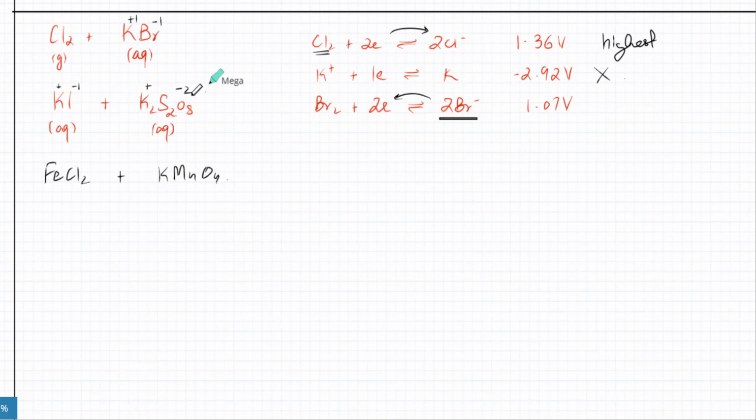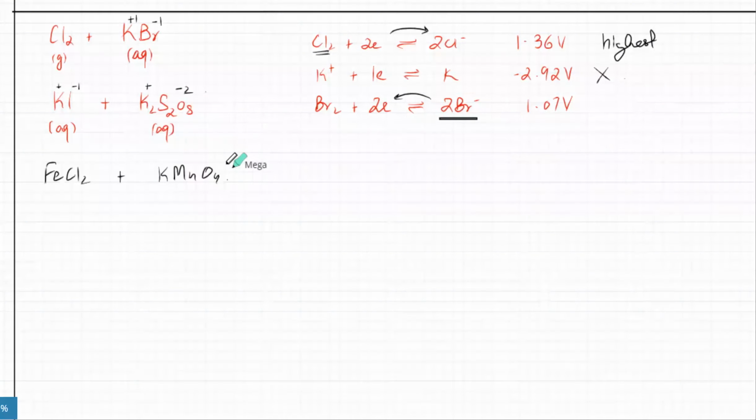You have to figure out who gains electrons and who loses electrons. This one is slightly harder because it has more ions: Fe2 plus, Cl minus, K plus, MnO4 minus. Plus, this is acidified. A lot of times they'll write acidified.